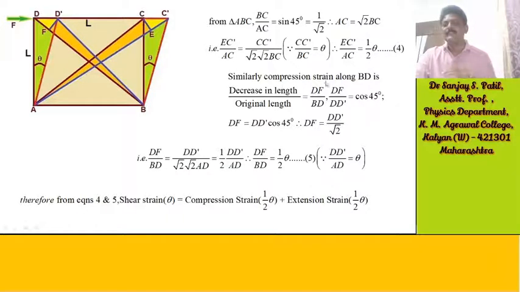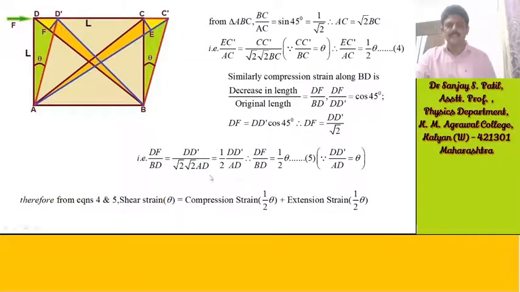Similarly, compression strain along BD is the decrease in length per unit original length, that is DF divided by BD. DF divided by DD dash is equal to cos 45 degrees, so DF is equal to DD dash into cos 45 degrees, therefore DF is equal to DD dash divided by root 2.